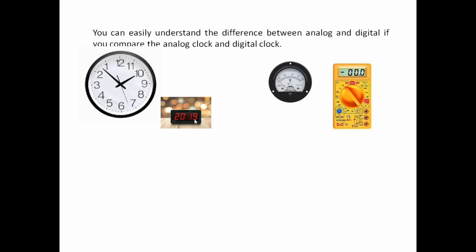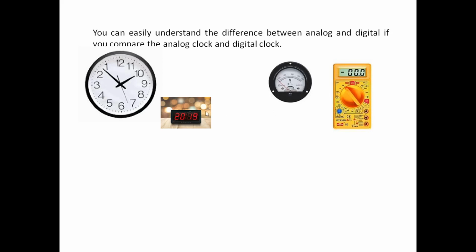There are digits displayed, and after 2019 there will be 2020, 2021. So the display is incrementing and having some finite value. But in case of analog clock, there is continuous change in the time. The continuous change is shown.